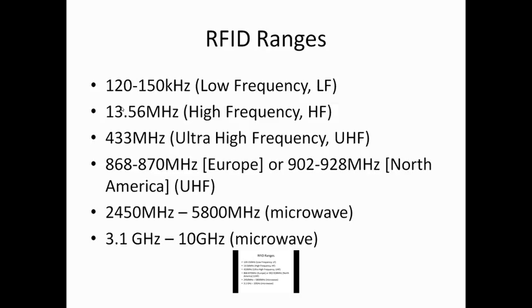There are several different ranges that RFID works in. Each of the different ranges has a specific application that's commonly used for it due to the ranges or regulations or other aspects about that particular range.